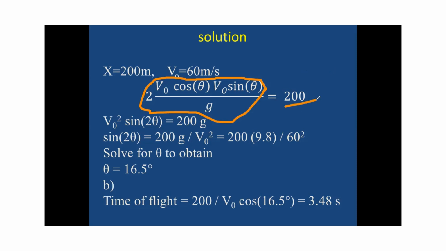The range is 200 meters. Solving this, v naught squared sin 2 theta equals 200 times acceleration due to gravity. This is the range, and this is also gravity. 2 times cos theta sin theta equals sin 2 theta, a mathematical identity. So v naught squared sin 2 theta gives 400 meters times acceleration due to gravity.